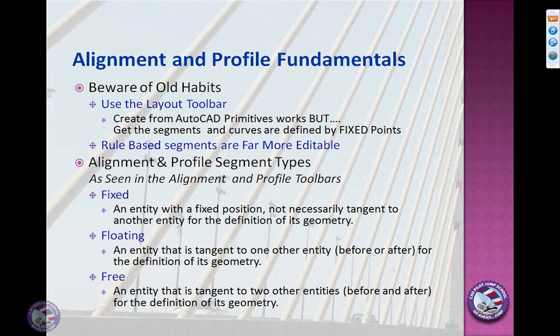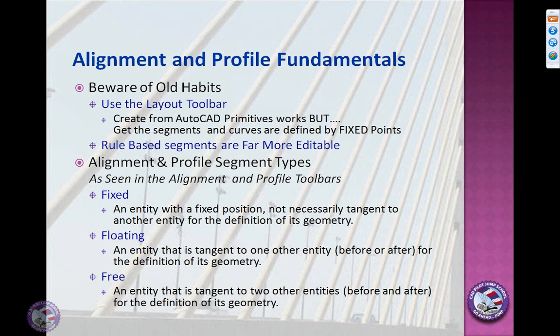Okay, the other idea that we have in Civil 3D is, instead of just having CAD primitives with geolocations, point bases, we also have this idea of rule-based segments. So whether it's a curve or a tangent, there's basic, standard engineering method and practice here that can be applied.